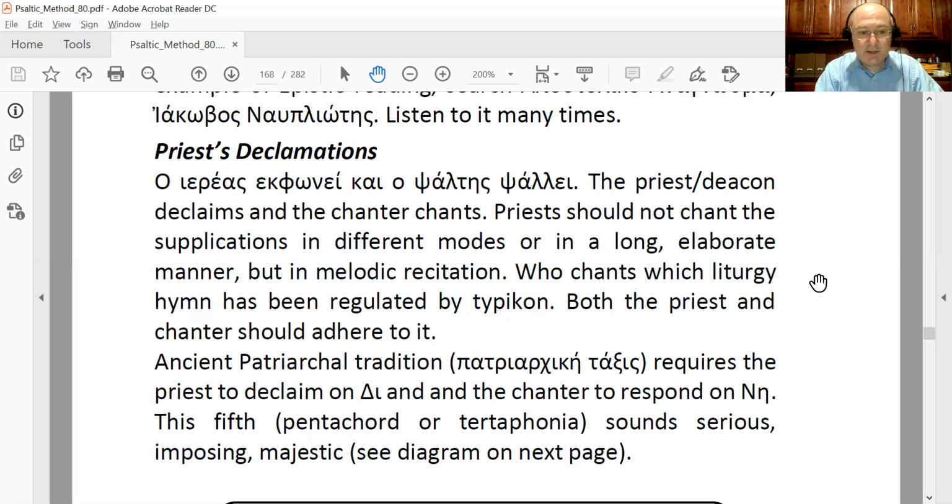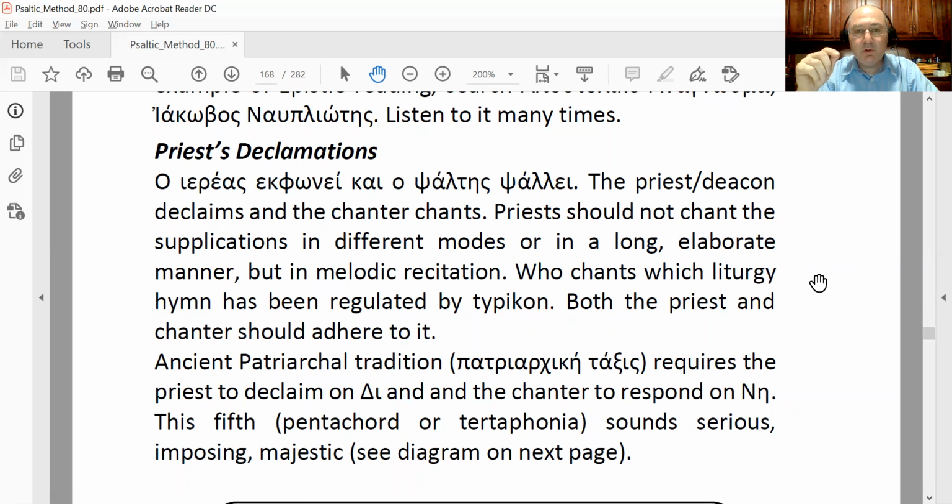Ancient patriarchal traditions, patriarchiki taxis, require the priest to declaim on thee and the chanter to respond on ni. And between ni and thee there is one fifth, one pentachord, or one tetraphonia.